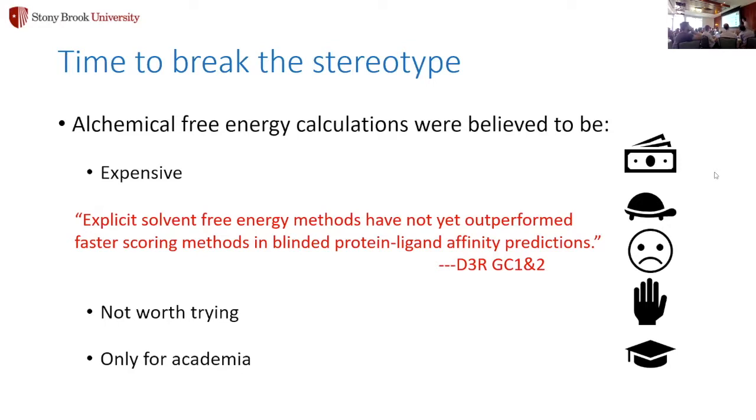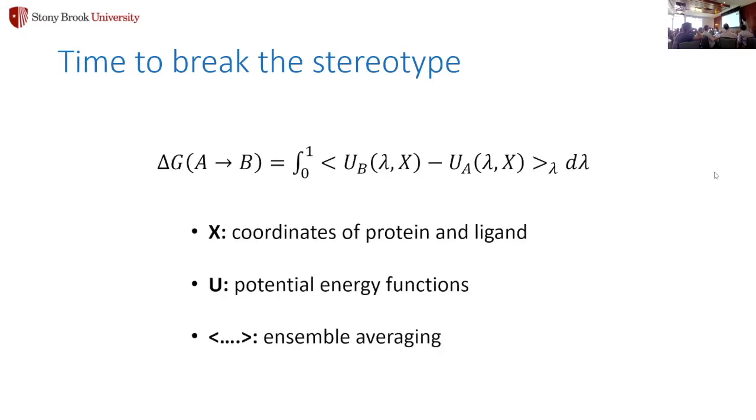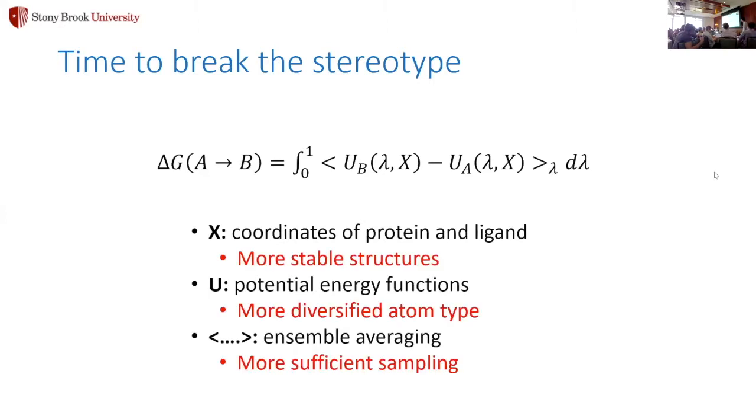Many of these are just from the past one or two years. Still back to this one, as I said, this is very critical. We need to make everything critical here correct: x coordinates, U potential energy function, and then ensemble averaging. These have all already improved a lot.